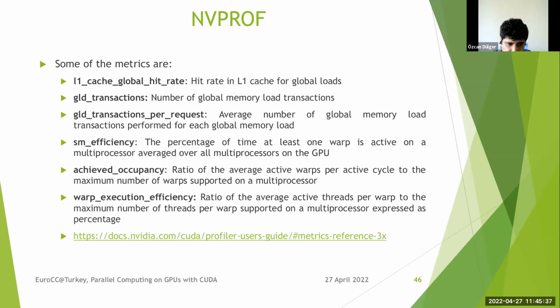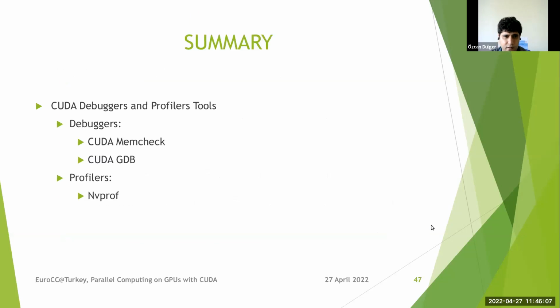Warp execution efficiency is the ratio of the average active threads per warp to the maximum number of threads per warp supported on a multiprocessor, expressed as a percentage. I will explain them again in the following lectures, following sessions. And this is the website with the list of all metrics. You can check them through this website.